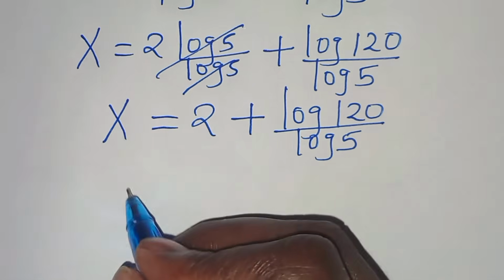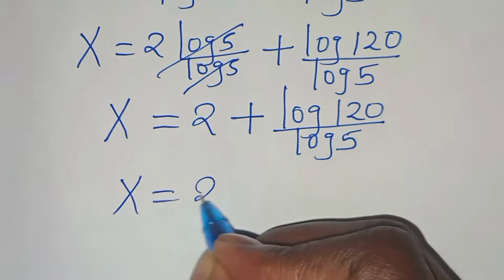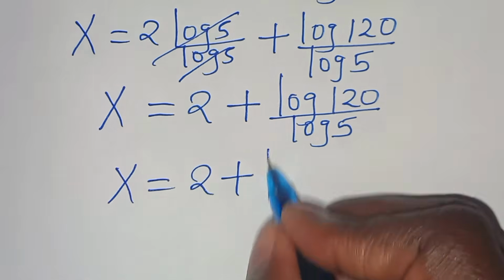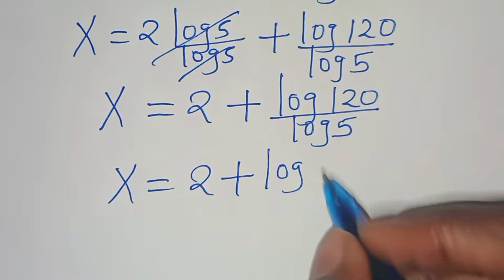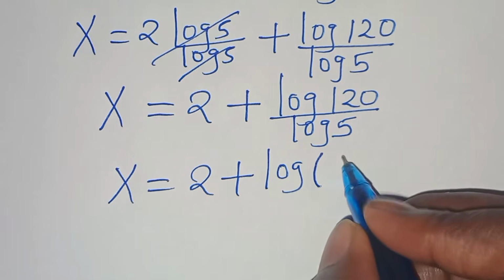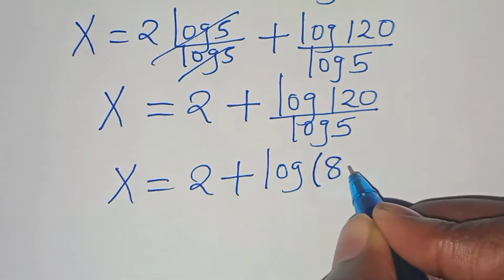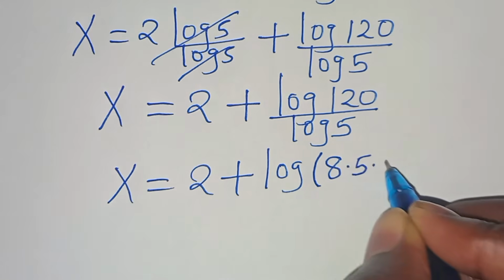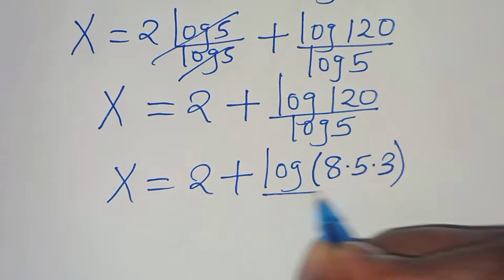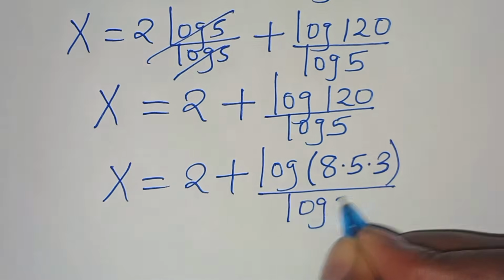Now we have x equal to 2 plus, now we can express 120. This is the same thing as 8 multiplied by 5 multiplied by 3, everything here divided by log 5.